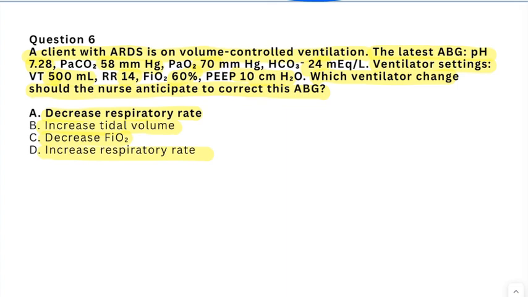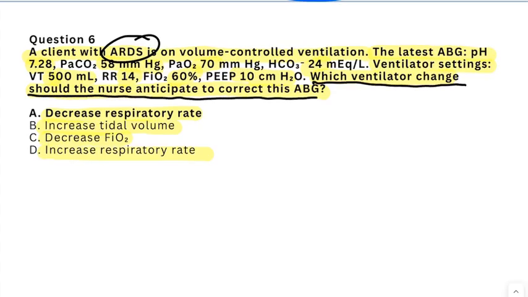Okay, so let's look at the correct and incorrect answers here. You guys ready? Okay, so first and foremost, the first thing you need to do for questions like this is to determine what the ABG interpretation is. We know that this patient is an ARDS patient, and it's asking what ventilatory change should the nurse anticipate to correct the ABG?